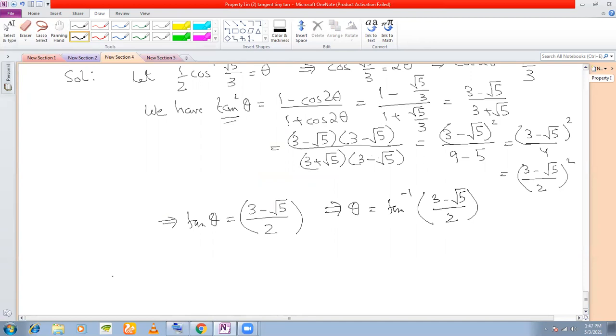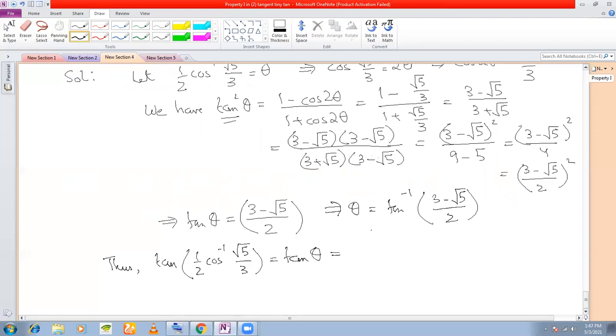So therefore what have we done? What was the value that we had to find out? In the question it was given, find the value of tan of half cos inverse root 5 by 3, which we just wrote as tan theta because we took half cos inverse root 5 by 3 as theta.